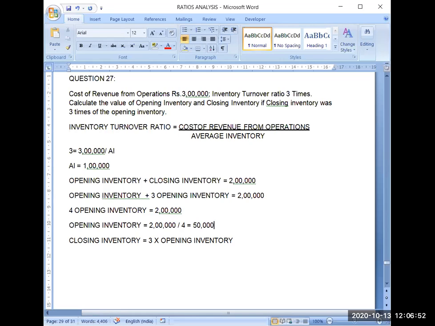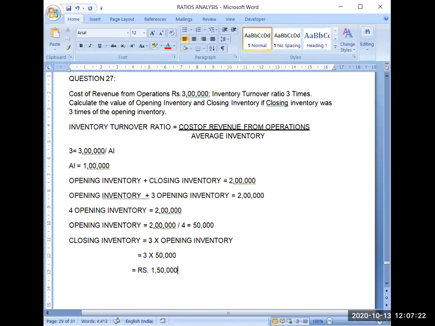So we have easily calculated the value of opening inventory, and now with the help of the equation given in the question, we can easily calculate the value of closing inventory also. It is equal to 3 multiplied by opening inventory, which is 50,000. So the value of closing inventory will be 1,50,000 rupees.